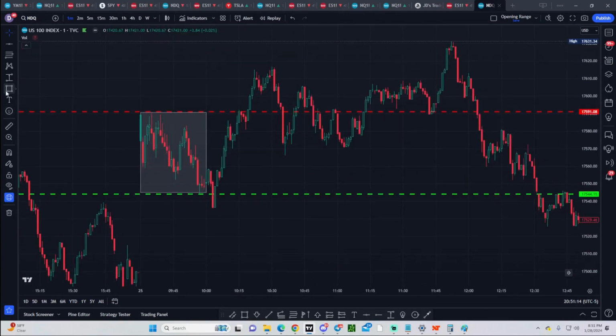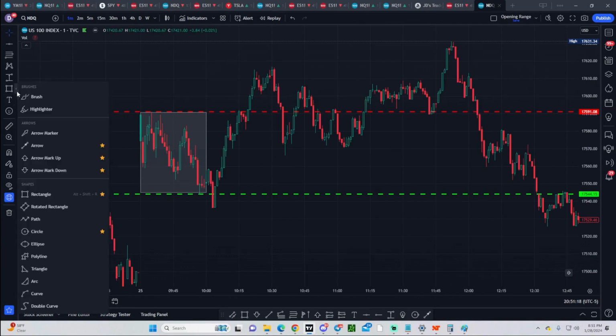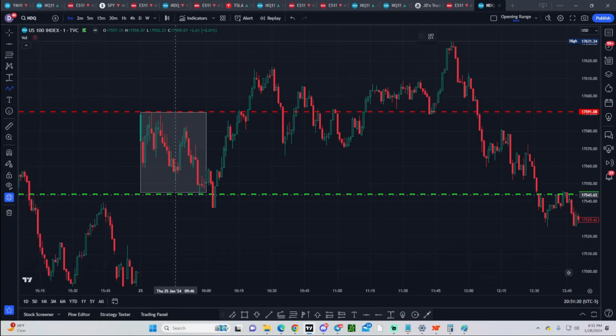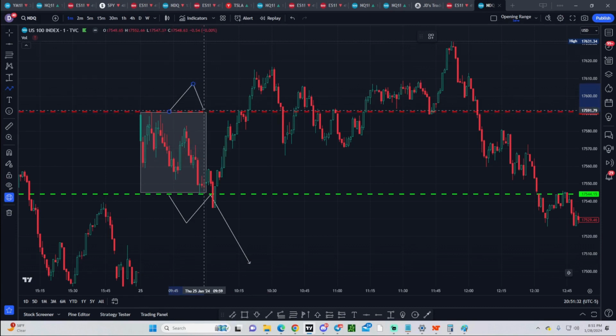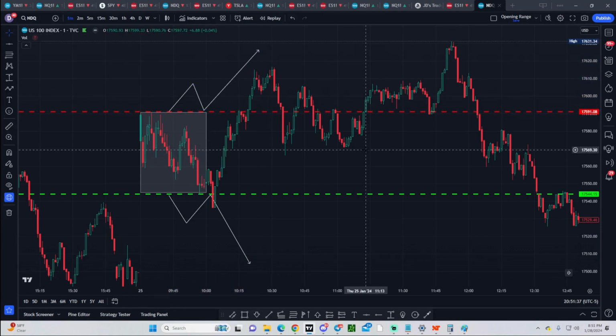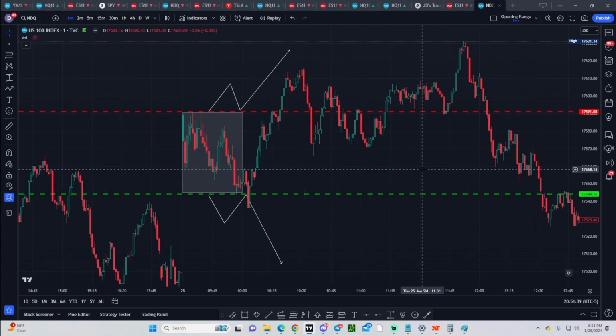I'll do it again so you can see what I'm referring to. We're looking for a break and retest, so we can take a position. That is the pattern that we're looking for.